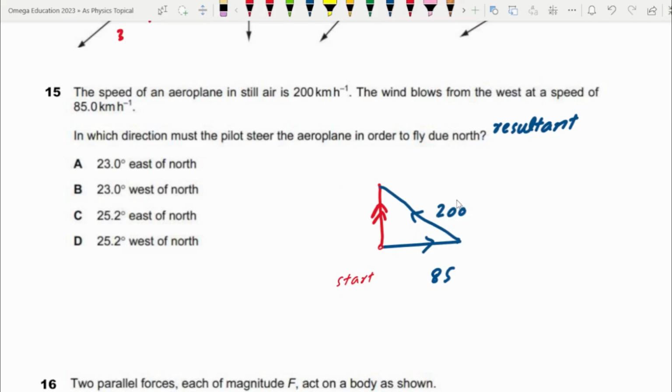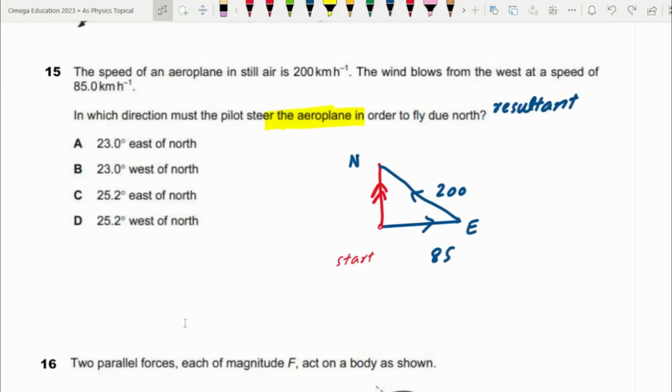So now you can solve this one. What we need to do is find the angle, and this is a right angle triangle, because this is north, this is east. So we do actually know that this is a right angle triangle. Once you have drawn the triangle, you need to find which angle you are supposed to find.